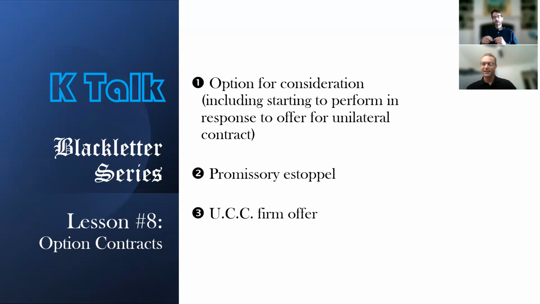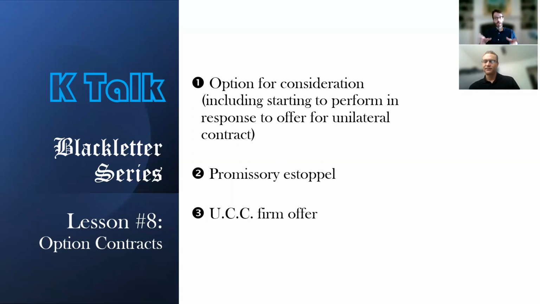So with the option contract business, with starting to perform an offer for unilateral contract, the benefits are that the courts are going to automatically infer a promise to keep it open, whether it's implied in law or implied in fact, who knows, probably implied in law, but certainly implied. And we're going to say that the consideration is the start of performance.